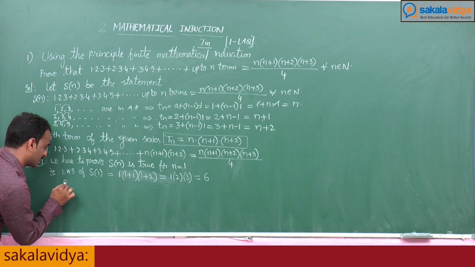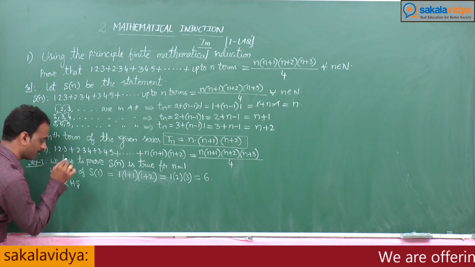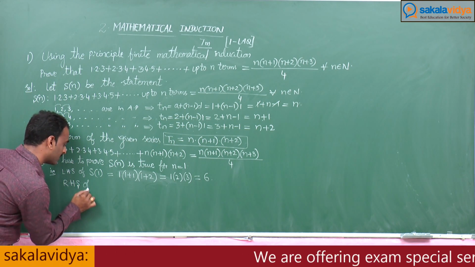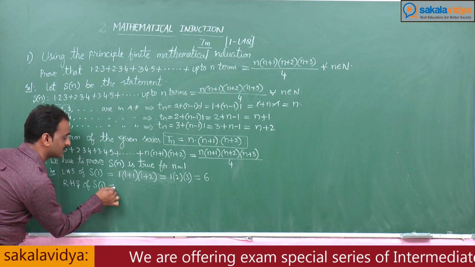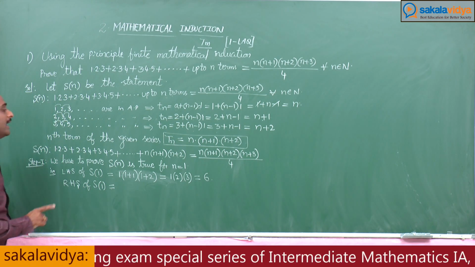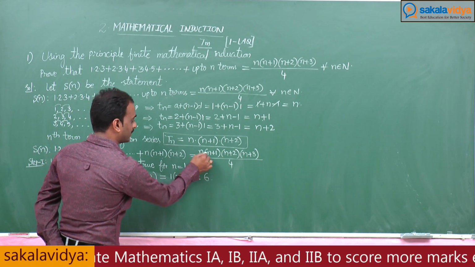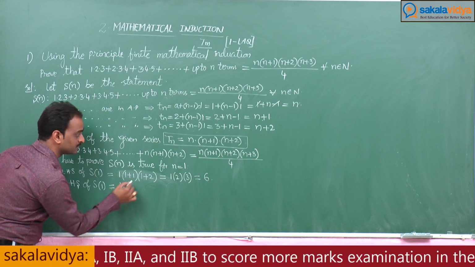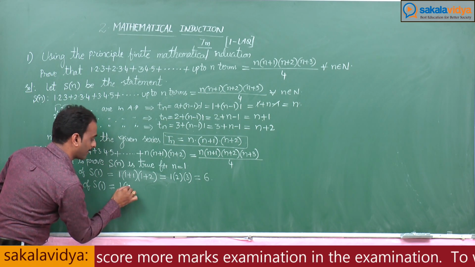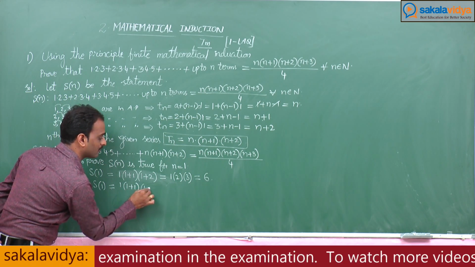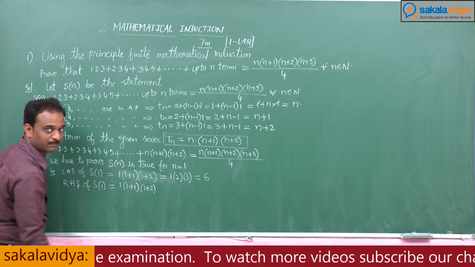Now we go for RHS. RHS value observe చేసినట్లయితే RHS of S of 1 is equal to, we put n is equal to 1 in the given statement RHS, n into (n plus 1), that is 1 into (1 plus 1), into (n plus 2), that is 1 plus 2.